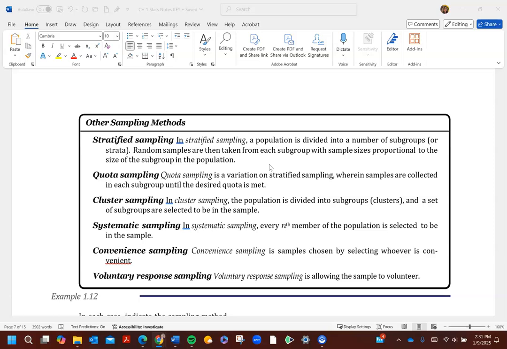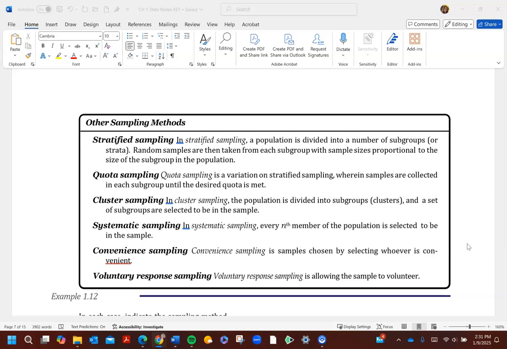So you can see where the last two, which maybe even the systematic, but convenience and voluntary, just start thinking about what kind of problems might I have with some of these? But sometimes that's our only choice.